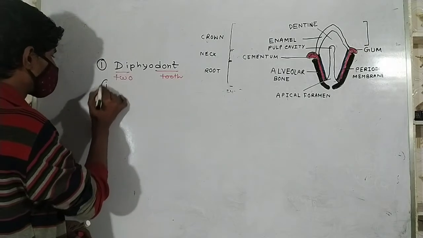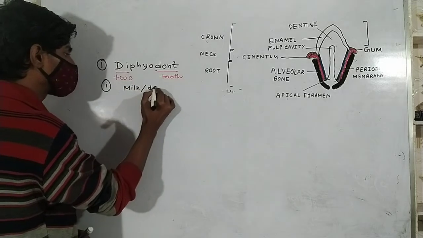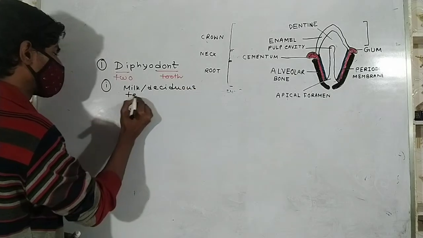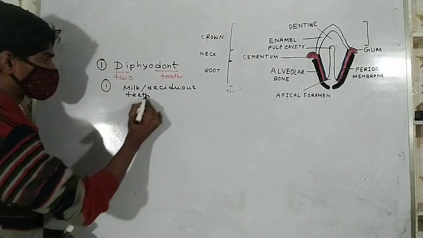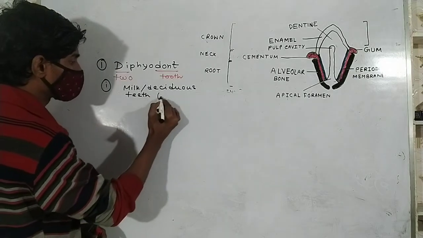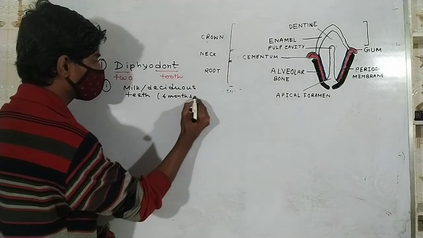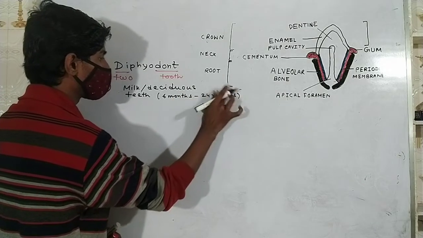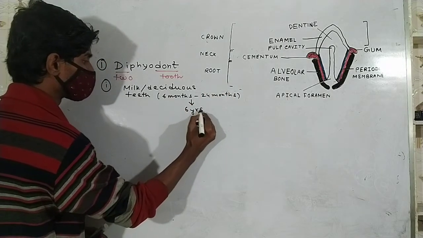The first set is called the milk teeth or the deciduous teeth, deciduous because they are not permanent. They start arising at the age of 6 months to 24 months, and they start falling off at the age of 6 years.